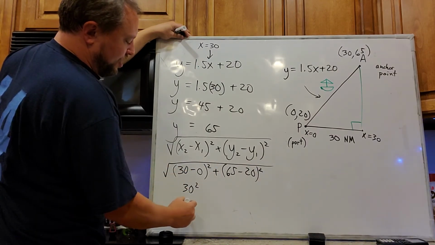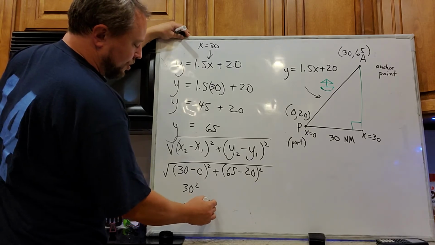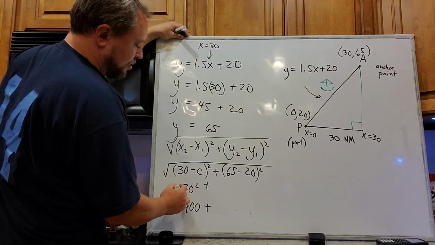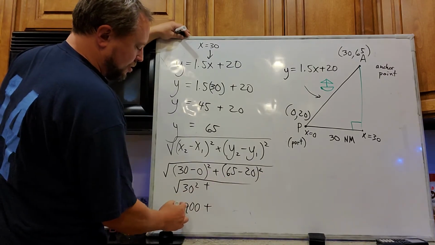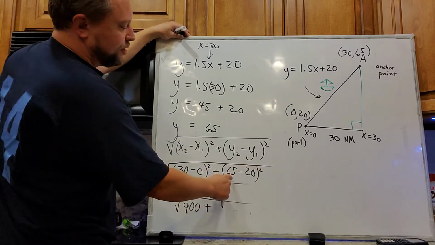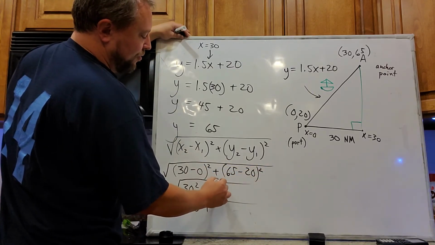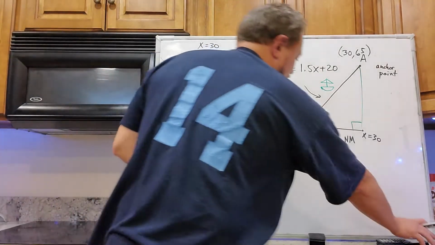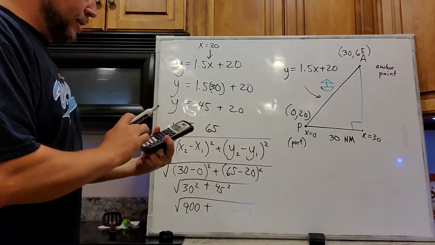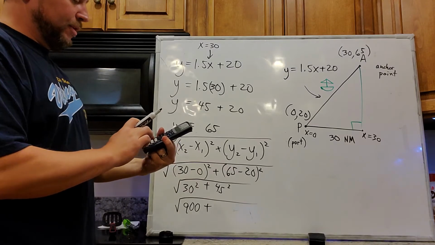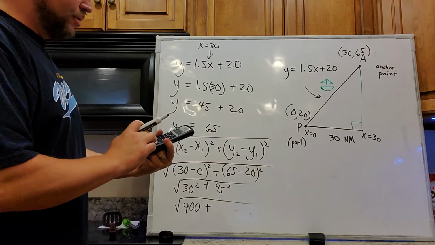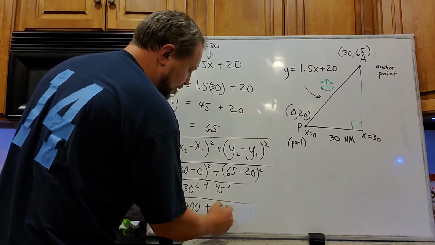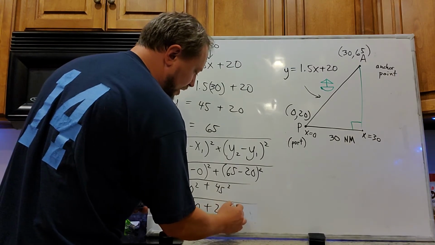30 squared is 900. 65 minus 20 is 45. 45 squared is a pretty big number. Let's see, 45 times 45 is 2,025.